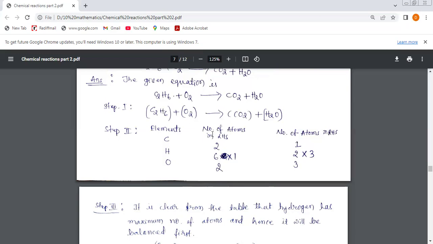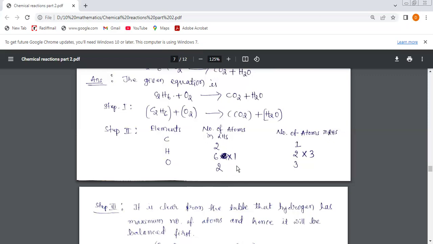So 6 hydrogen atoms are there, and in oxygen you can see O2, two oxygen atoms are there.